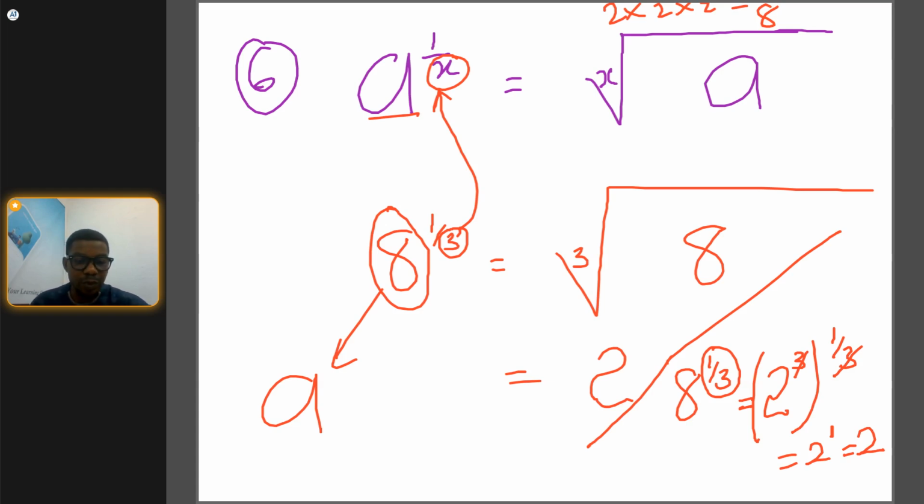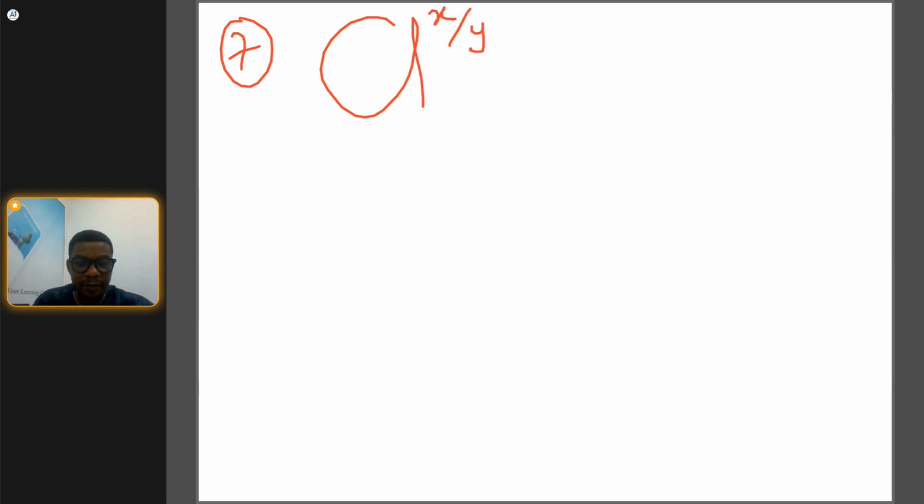Okay, so let's proceed to the next law, which is the last law of indices. I will clean the board. That is 7. A raised to power x over y. Now we have a combination of two things. That should be law number 5, if I'm not wrong, and law number 6 together.